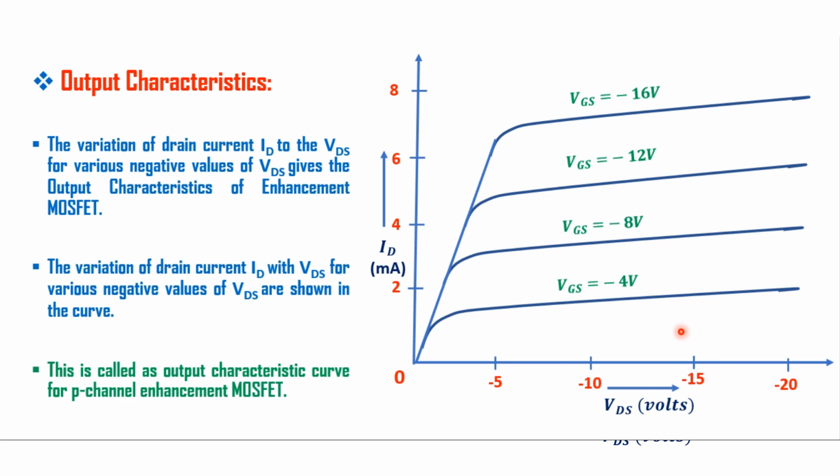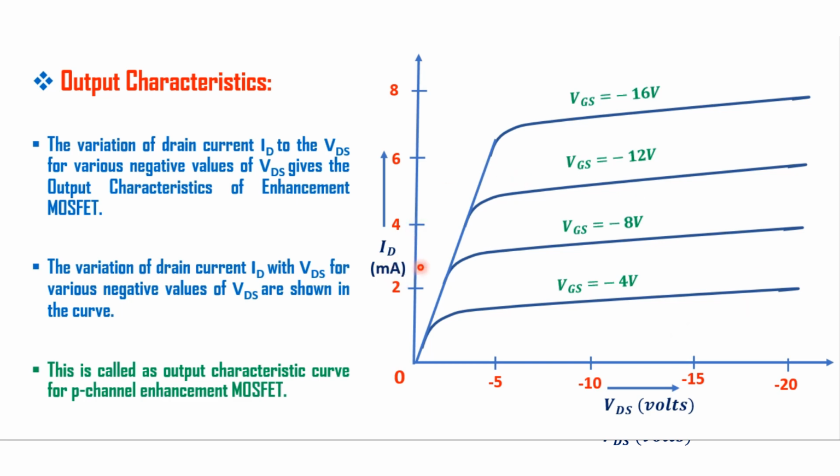The channel region is highly influenced by the transverse electric field produced by gate to source voltage. The shape of the channel changes with drain to source voltage. For example, when drain to source voltage is equal to 0, the channel will be rectangular in shape and becomes wedge shaped as drain to source voltage is increased from 0.